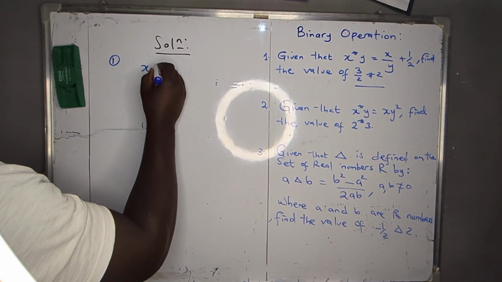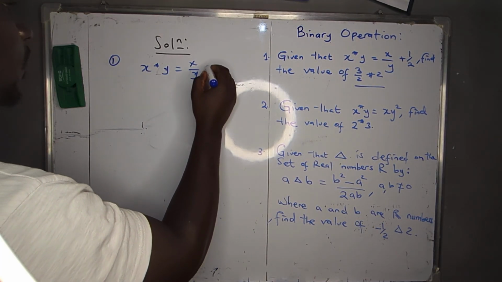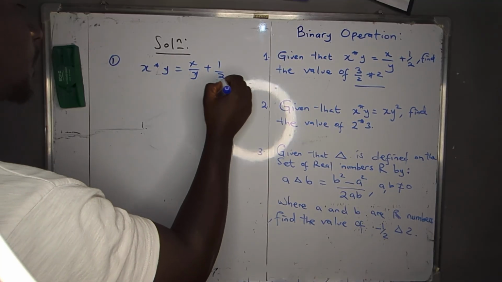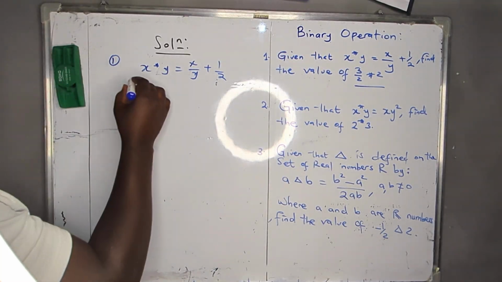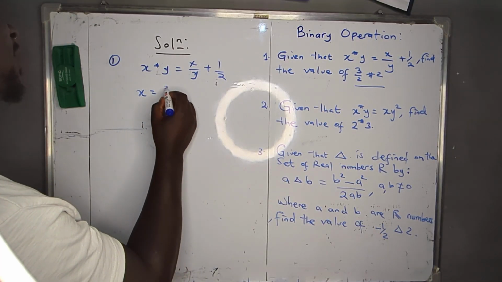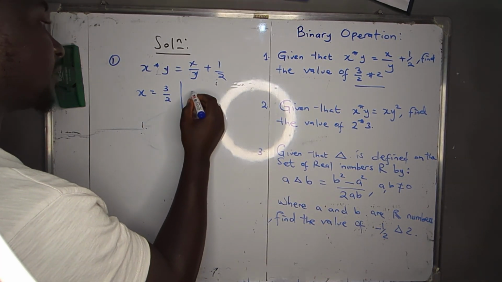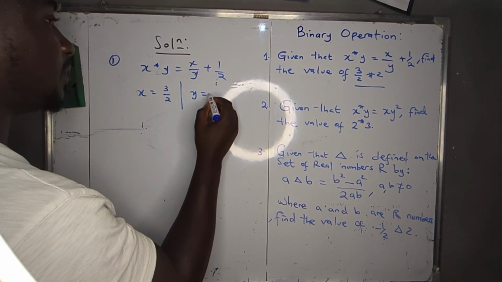So what are we saying? Given x star y is equal to x over y plus 1 over 2, it means that the value of x here is 3 over 2, and the value of y is 2.